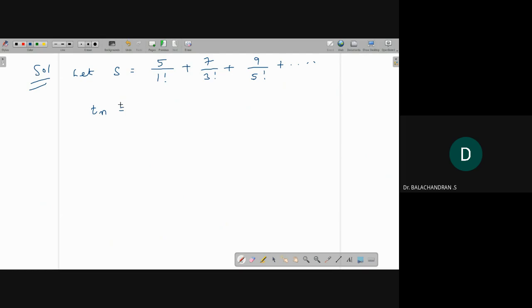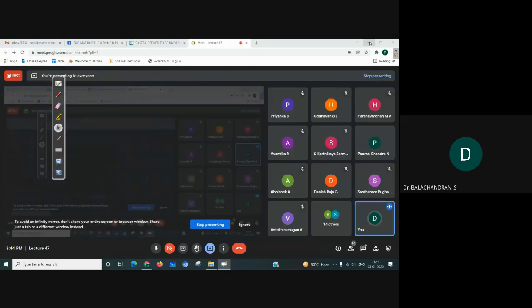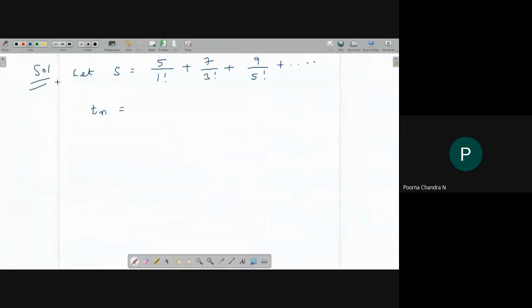What is the nth term here? The numerator: 2n plus 3. Yes, correct. What about the denominator? 2n minus 1 factorial.